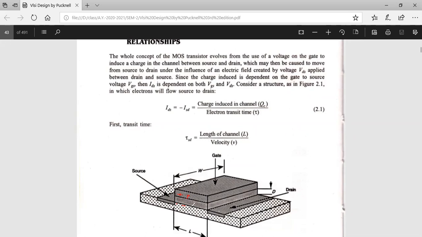After that, I further increase the positive voltage, and this starts the movement of electrons, since it is NMOS, from the source to the drain. More electrons move from source to drain, therefore forming a thick channel between them.